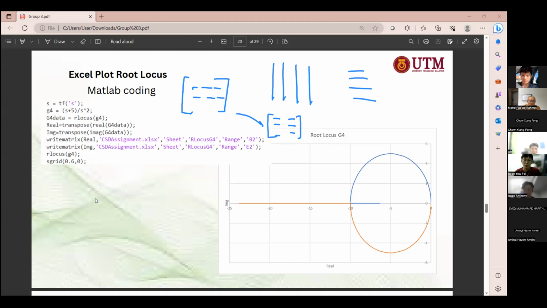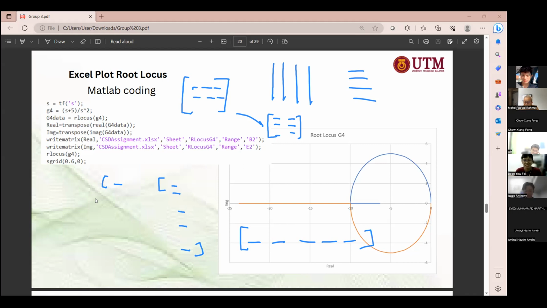Ask Bun, he should know. It should be originally horizontal, one row. Before transpose, is it a column vector or a row vector? A column vector looks like this, a row vector looks like this. Bun, before transpose, is the data a row vector or a column vector?